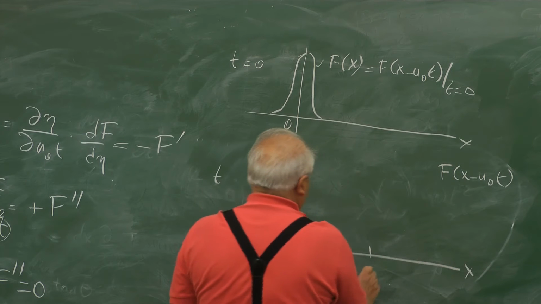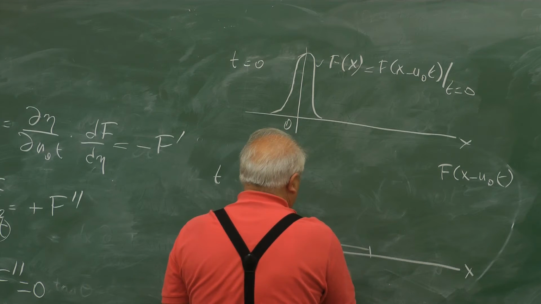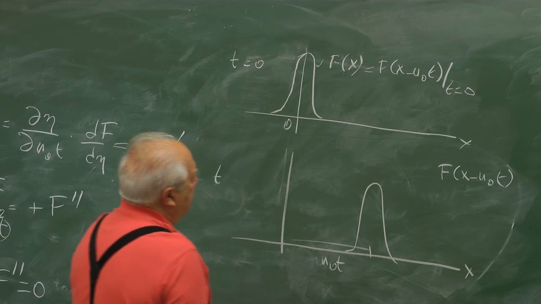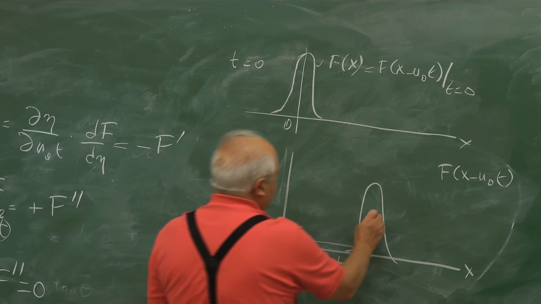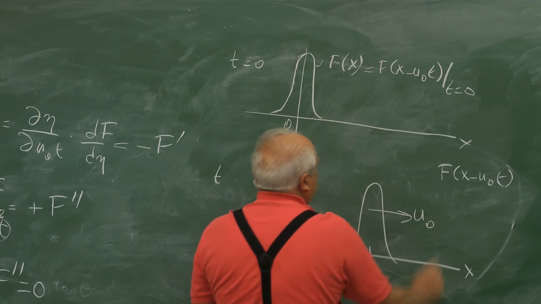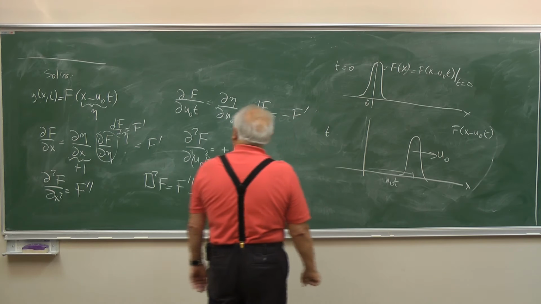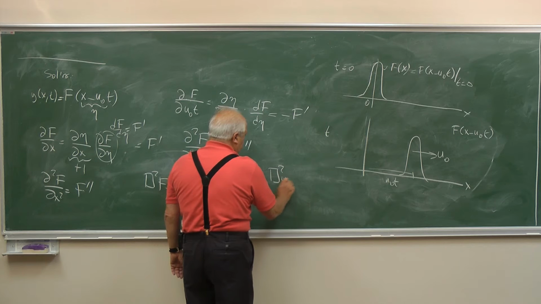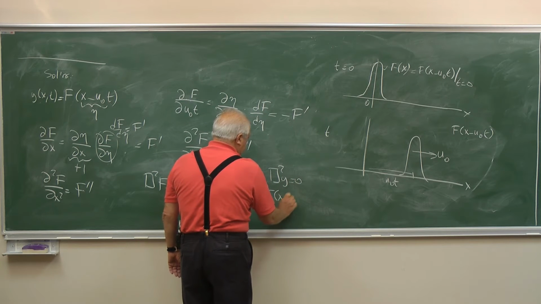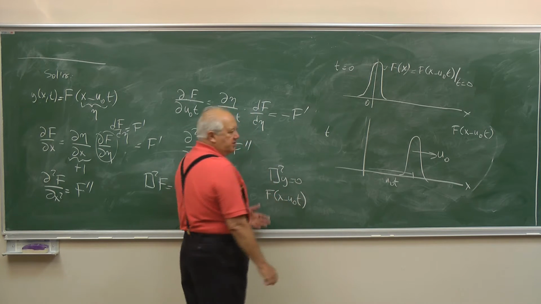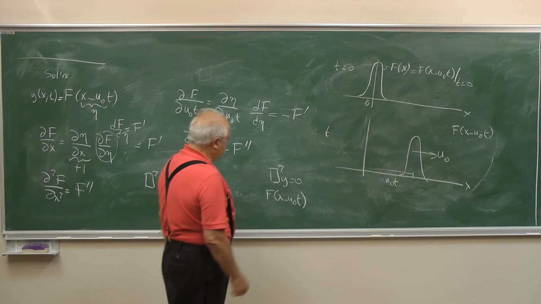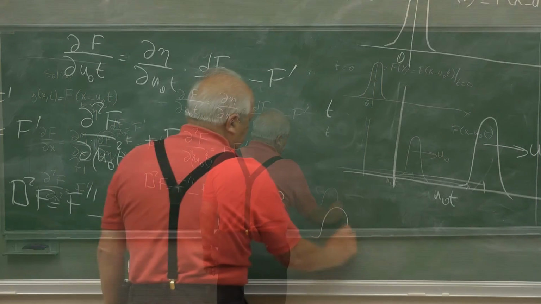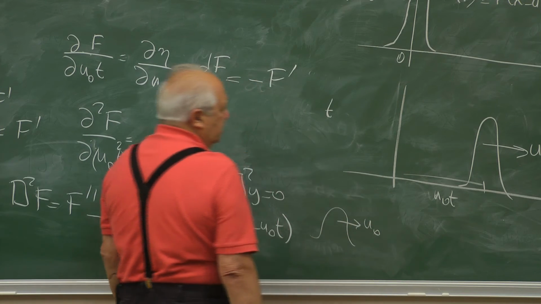So this is u0t, and here it is peaked. It's clear that this is moving to the right with speed u0. So f(x minus u0t), let me summarize: this is my wave equation, and f(x minus u0t) is an arbitrary, well, smooth function that represents a disturbance that is going to the right with the speed u0.